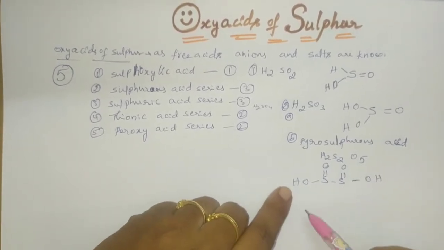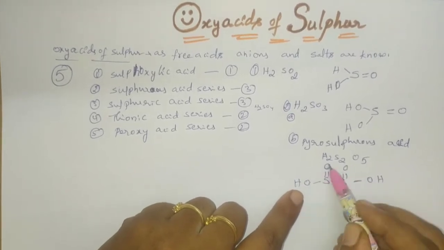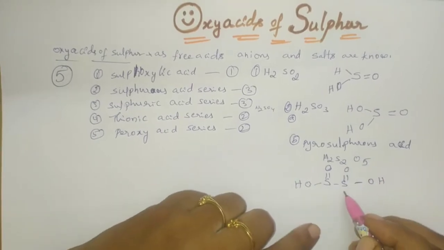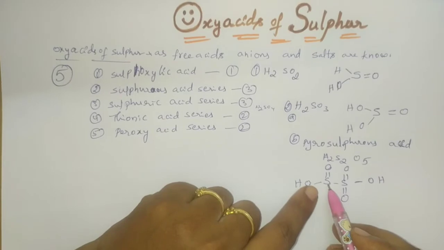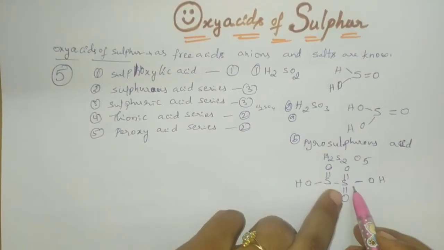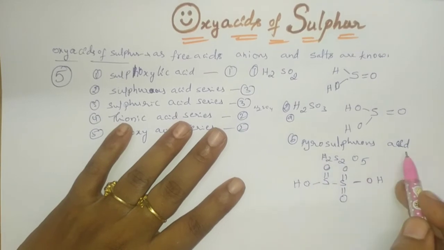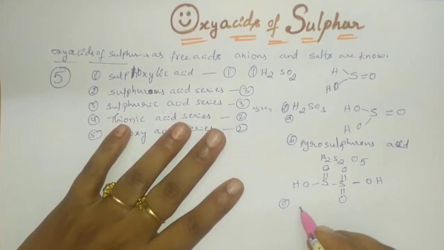Here there are 4 oxygens. The next, fifth oxygen forms a bond here. That means this sulfur forms 4 bonds and this sulfur forms 6 bonds. So this is pyrosulfurous acid. Remember this.